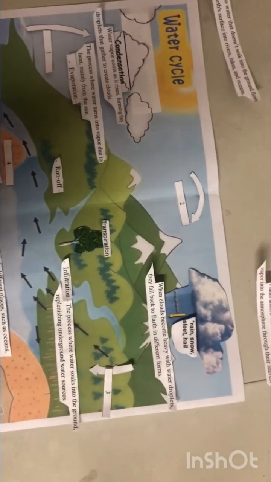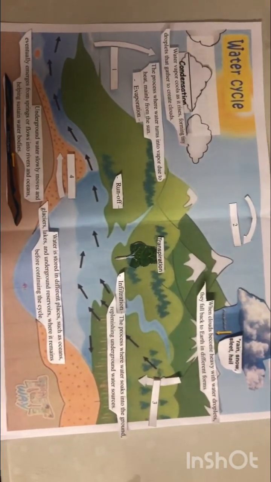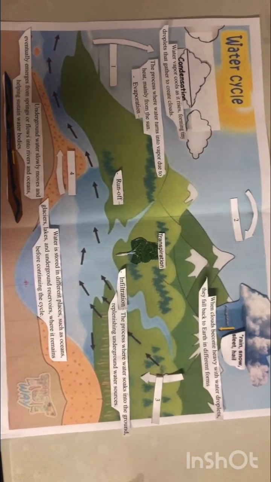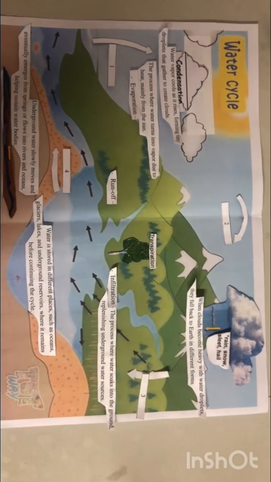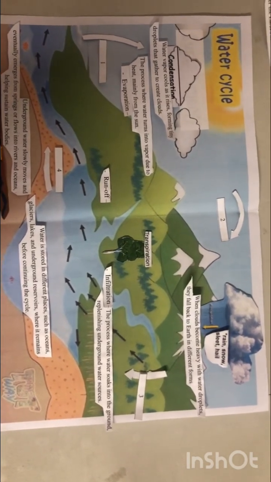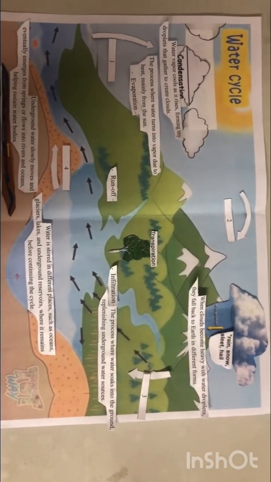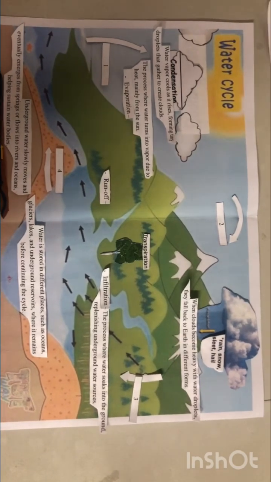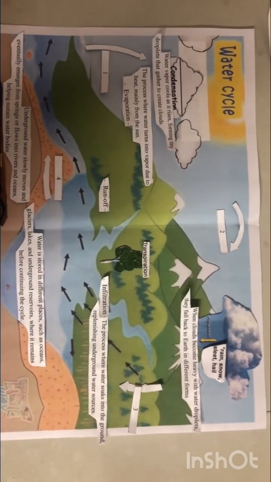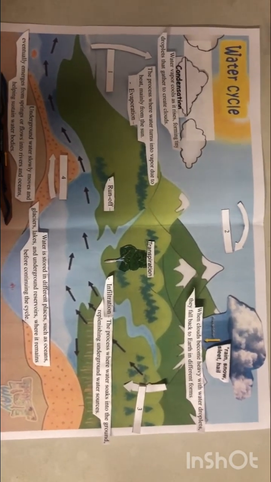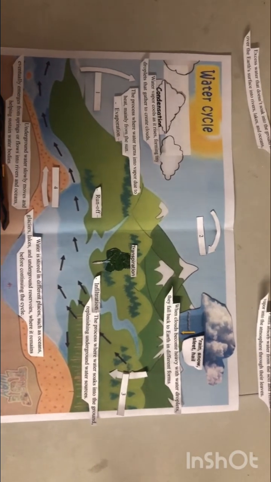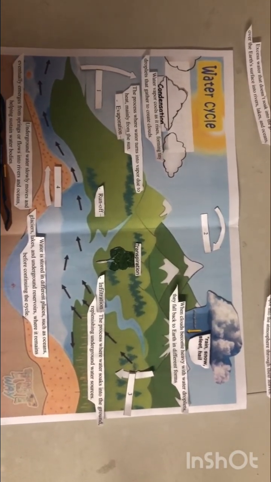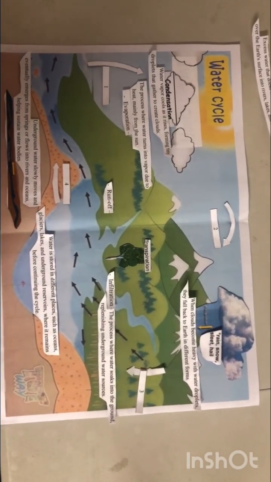So for this point, I mean, probably you would say there are some other processes like percolation that should be included. The reason why I didn't want to include more detail is because I'm specifically doing this water cycle for the senior phase, and we all know that the senior phase is for grades 7 to 9, meaning that obviously things must be a bit easy to grasp.